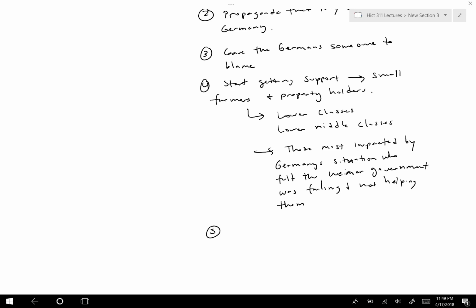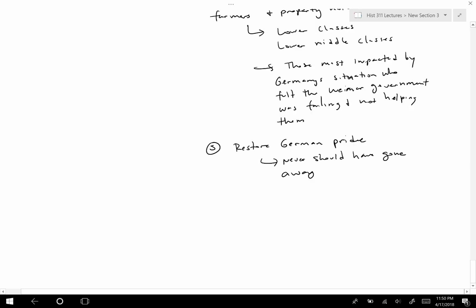We can restore German pride, which is going to be a big part that especially Hitler's going to play on, that he can restore German pride. And in fact, not only restore it, that it never should have gone away. Right? He promises the economic too and all that other stuff, but this was a big one. We need to stop feeling guilty for the war. We've paid enough. This needs to be over, and we're going to make it better for you.